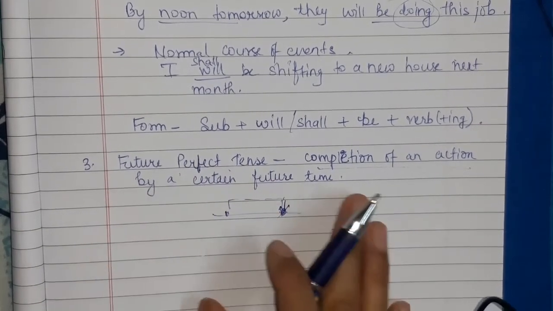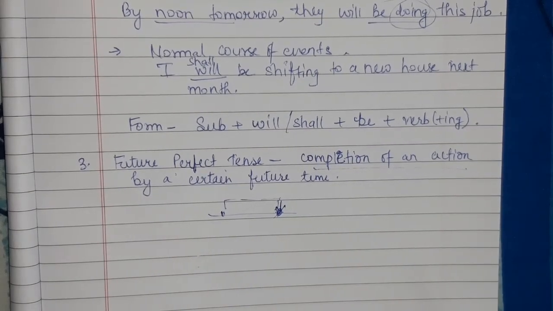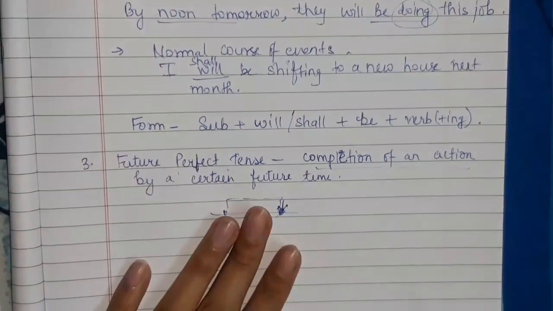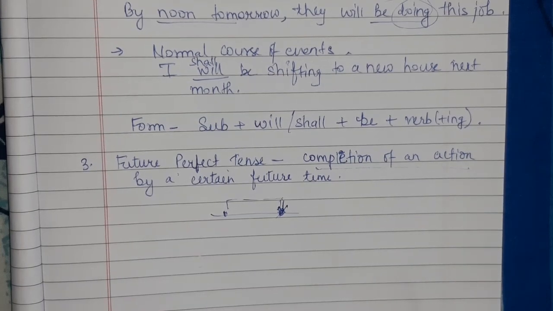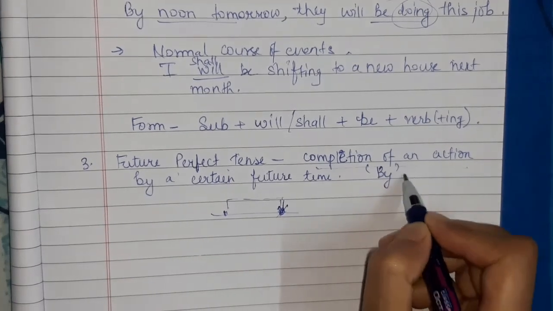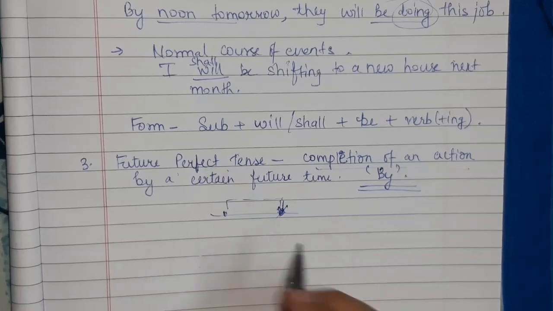An action is started, either it may have started in the past, or in the present, or it may start in the future, but it completes by a certain future time. So in examples of future perfect tense we use the word by.